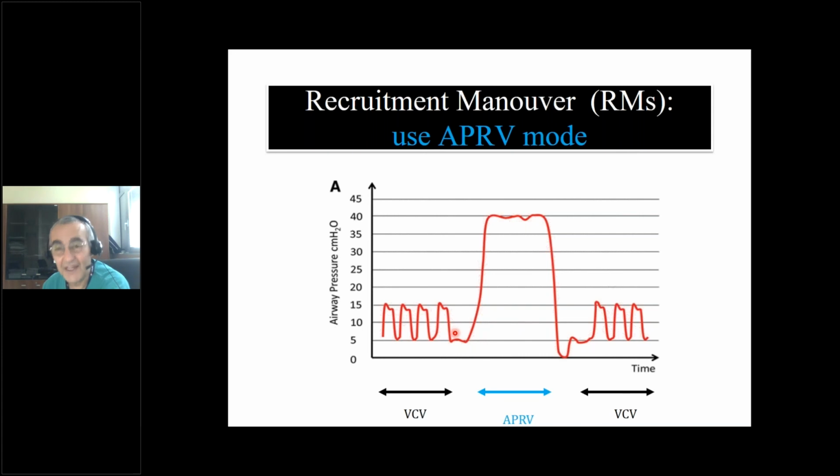With the Dräger ventilator, the most convenient way, in my opinion: I am on volume control ventilation. I switch for one breath to APRV, set in this case to a pressure of 40 centimeters of water. I keep it for 20 seconds, one single breath, and then I move back to volume control ventilation.